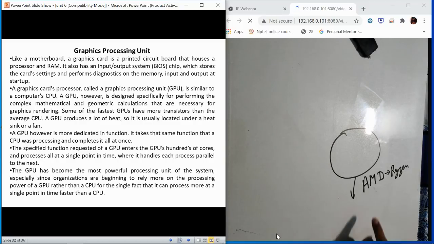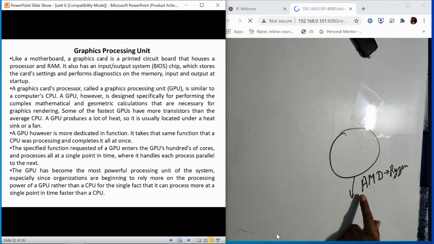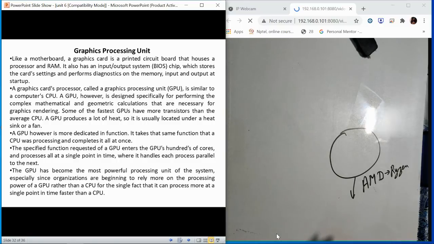So the main competitors are AMD and Intel. The third one is Apple. They have their own chips. Actually, their MacBooks and all other stuff use Intel processors. If we talk about their mobile phones, then they are using their Bionic chips.